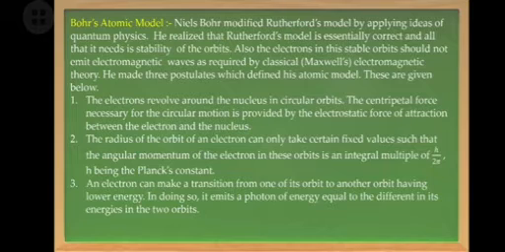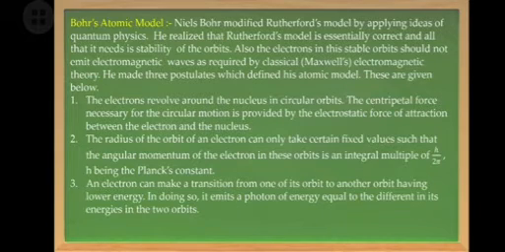The second postulate: the radius of the orbit of an electron can only take certain fixed values, such that the angular momentum of the electron in these orbits is an integral multiple of h upon 2 pi. Or in other words, electrons revolve only in those orbits whose angular momentum is an integral multiple of h upon 2 pi. Integral multiple means n times h upon 2 pi. Here h is Planck's constant.